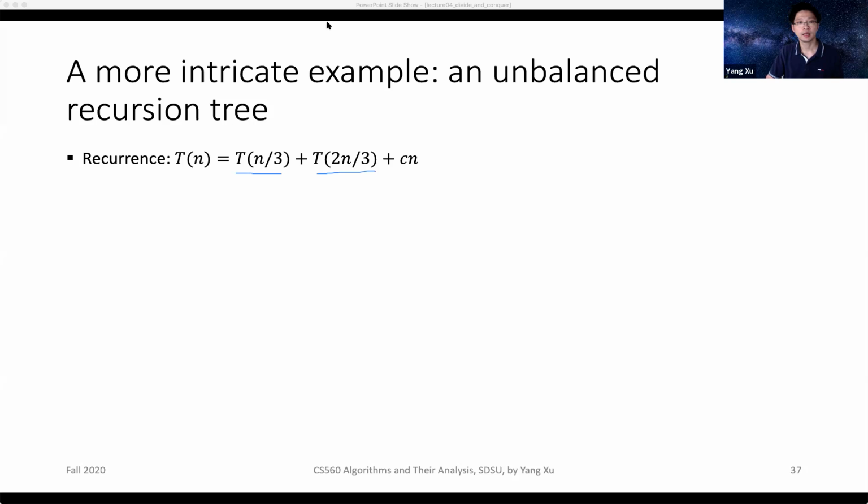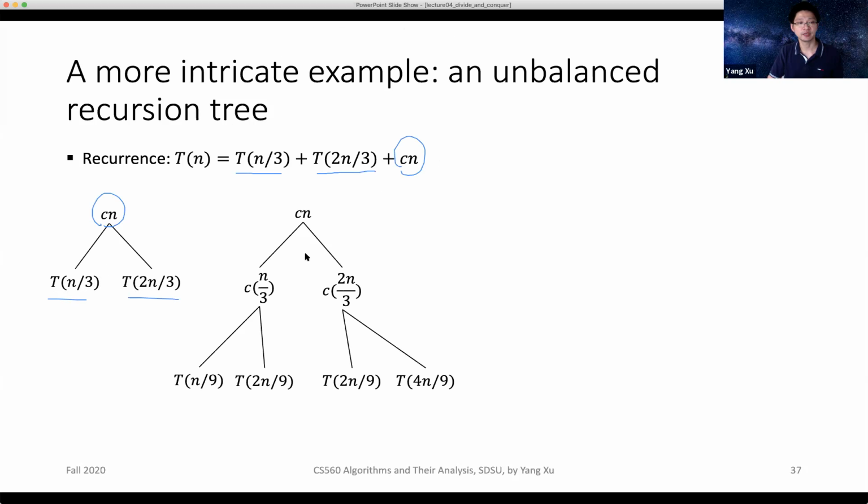With this recurrence, we are still able to draw some tree-like structure, right? We put the function c of n over the root node, and this is the left branch and right branch. Then we do the split to each branch respectively.